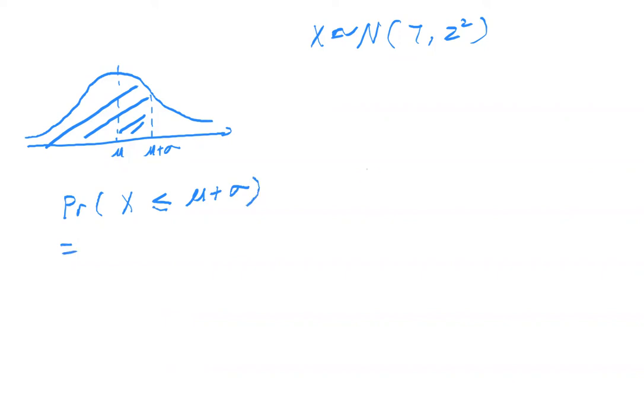So our situation is the probability of X less than or equal to 9. Half of the area is 0.5, am I right? And here is 0.3413. So the probability here will be 0.5 plus 0.3413.